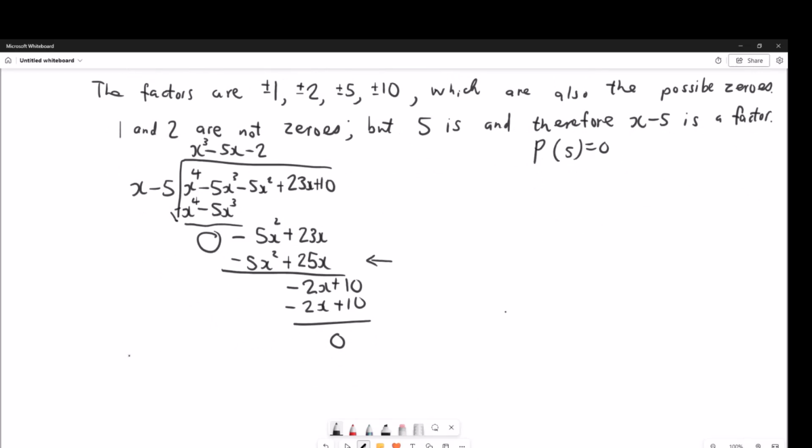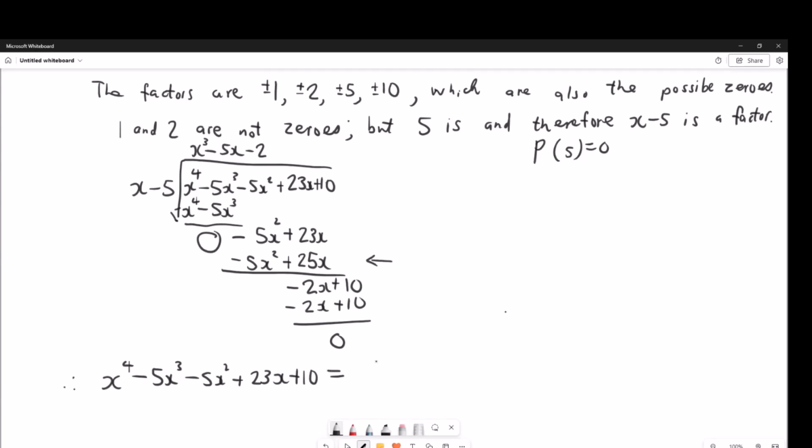We found the quotient. Therefore, currently we have that polynomial, that 4th degree or quartic polynomial, x to the 4 minus 5x cubed minus 5x squared plus 23x plus 10.